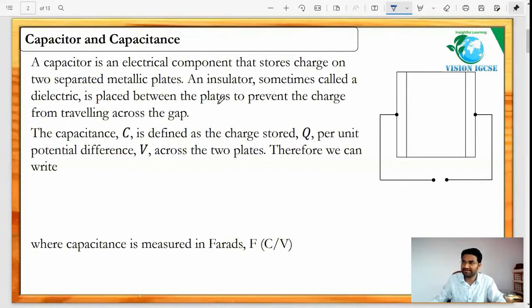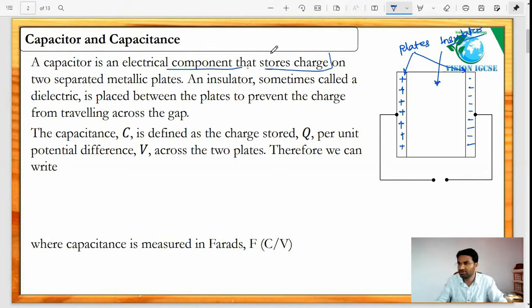First one, capacitor. Now look at this here, right hand side. These are the positive and negative plates, and this is an insulator in between the two plates. So a capacitor is an electric component that stores charge on two separated metallic plates and an insulator, sometimes called a dielectric.